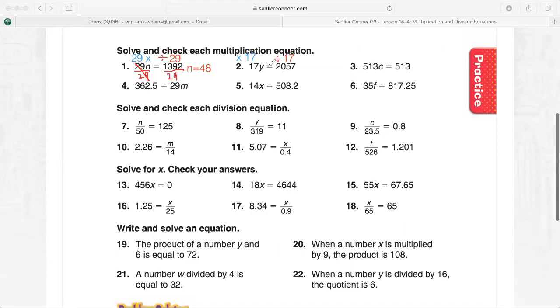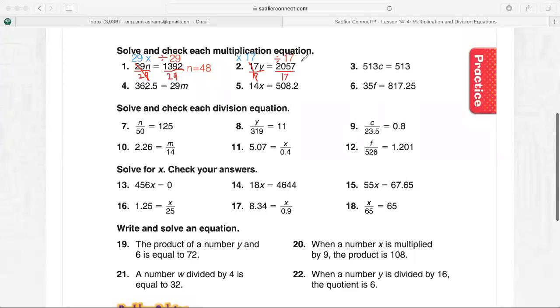So I divide both sides by 17. When I find the same number in the numerator and in the denominator, they cancel each other. So now y is isolated, y is kept alone on one side, which is what I want, to keep the variable alone on one side, to isolate it.